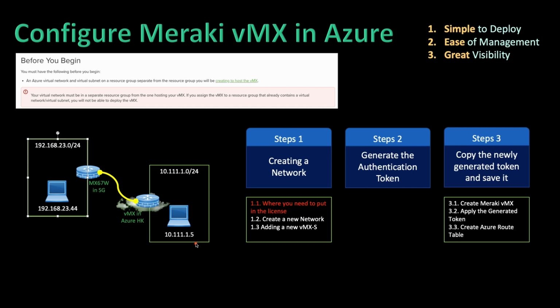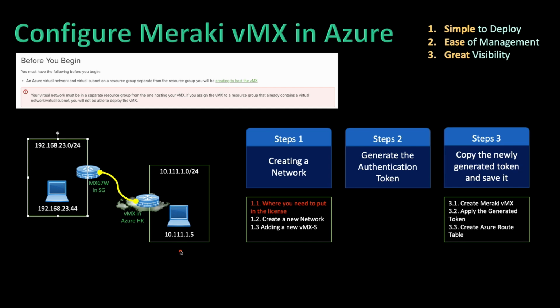What I have done is set up a test environment in Azure with a subnet of 10.111.1, a Class C address, and a test machine, .5, already in the Hong Kong Azure environment.